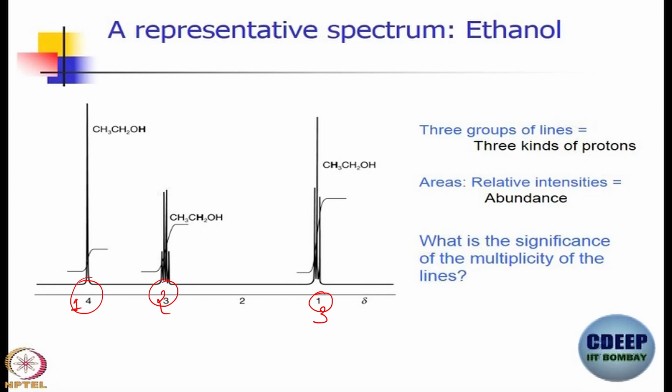These are three different protons, and their relative abundance will be the relative area under the curve. But what is interesting is that even after this much discussion up to chemical shift, you are seeing some fine spectra there. What is the significance of these fine lines in the NMR spectra? That is coming because of coupling between the spins.